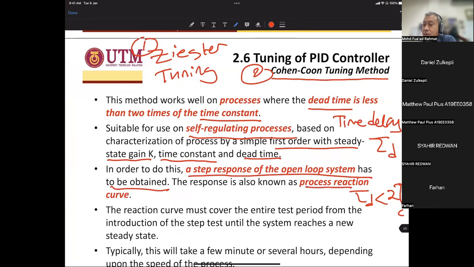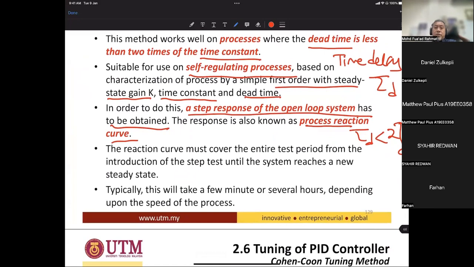The reaction curve must cover the entire test period from the introduction of the step test until the system reaches a new steady state. Typically this will take a few minutes or several hours depending upon the speed of the process.